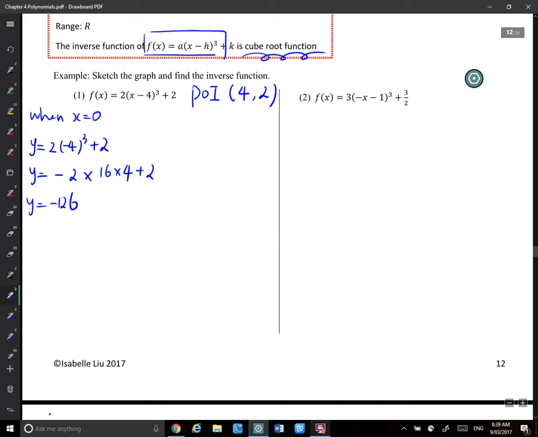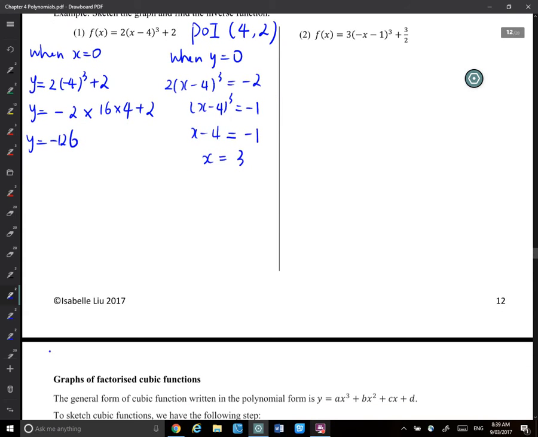That's the y-intercept. When y equals 0, 2 times (x minus 4) cubed equals minus 2, so (x minus 4) cubed equals minus 1. That's an odd power, so I just have one answer, x equals 3. So I have an x-intercept at 3 and a y-intercept at negative 126.